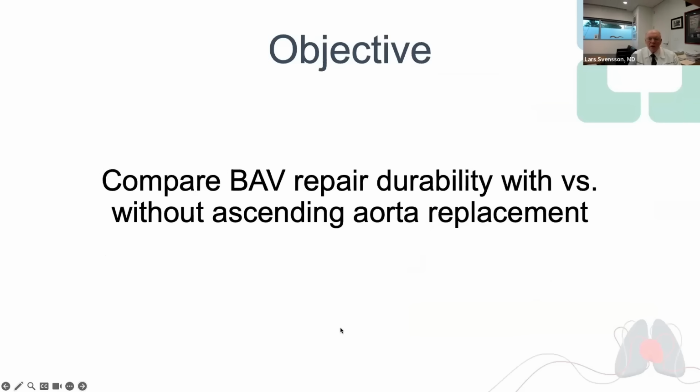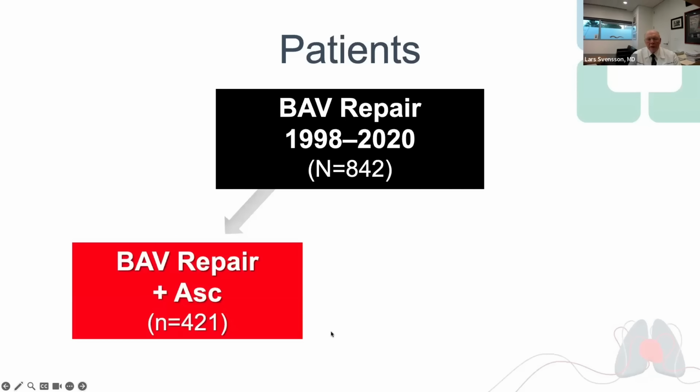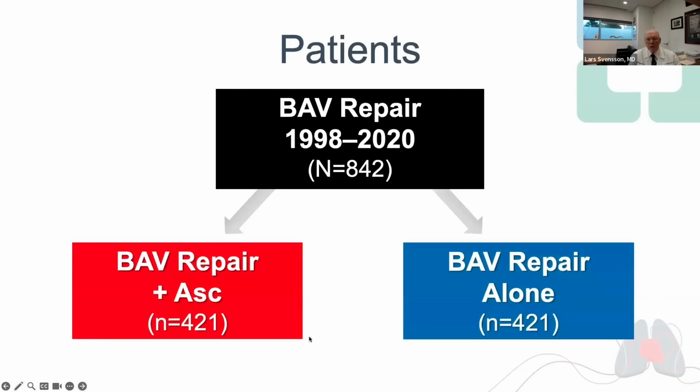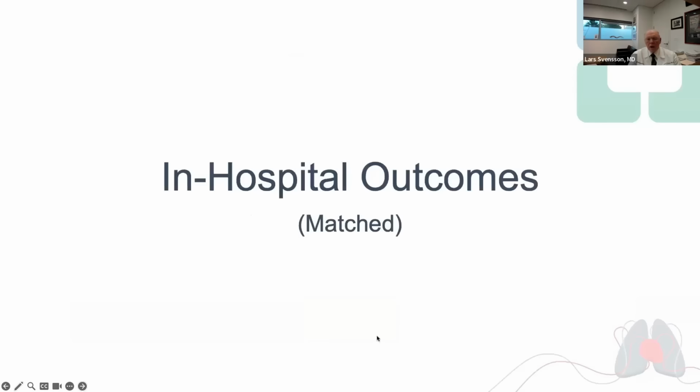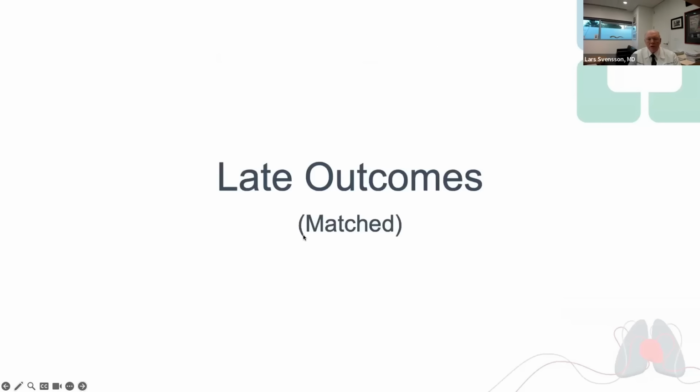And so one of my trainees looked at that, looking at the outcomes over time. We had 842 patients that we matched for that comparison, 421 in patients who had repair plus ascending aorta replacement, and 421 with repair alone. And when we matched outcomes, overall mortality in that series was 0.4%.